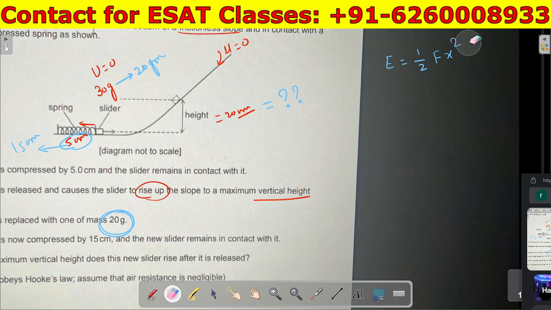Very good. Then you can substitute the height energy as potential energy.